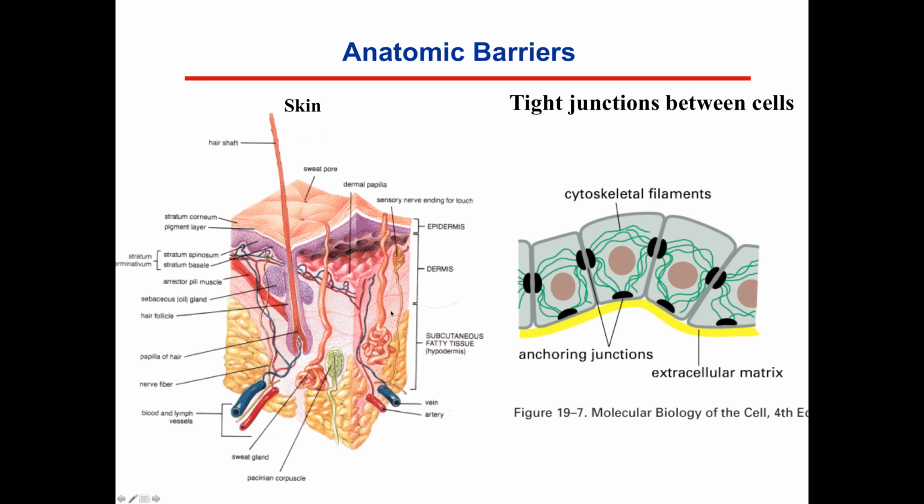Now, this is just a picture of the skin, and you can see it's very, very complex. There is the epidermis, which is this layer up here, and then the dermis, which includes this area here, and this is quite complex.